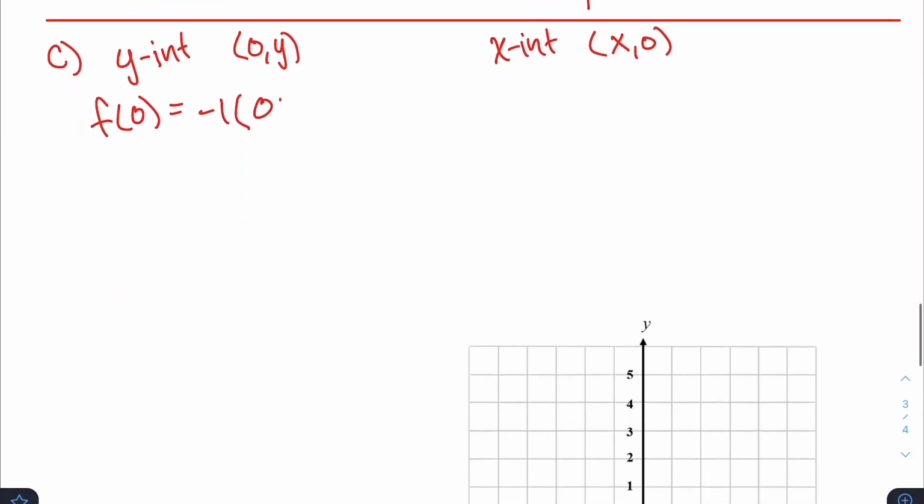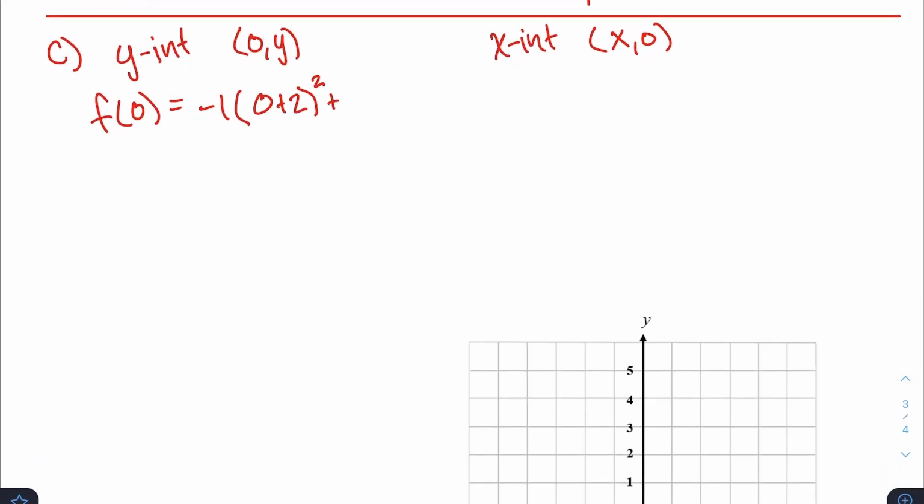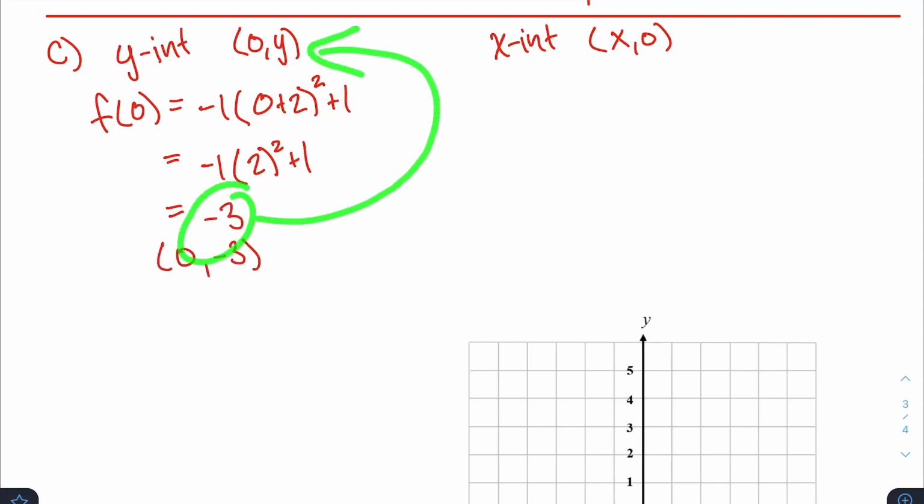This gives me negative 1 times 0 plus 2 squared plus 1. If I clean this up, I get negative 1 times 2 squared plus 1. And if I continue forth, 2 squared, I get 4 times negative 1. I get negative 4 plus 1. I get negative 3. Hence, I have the y-intercept 0, negative 3.